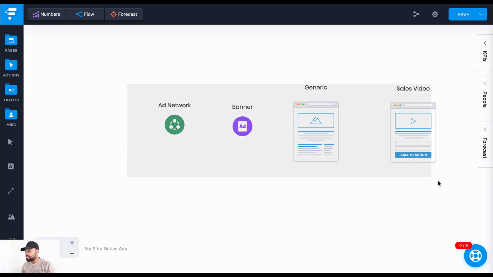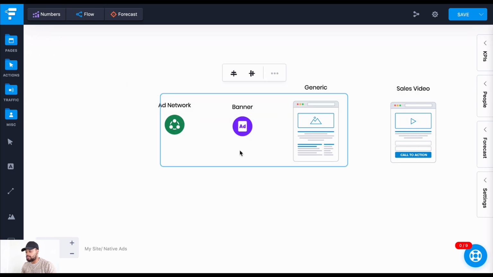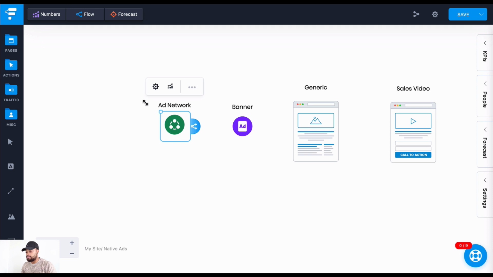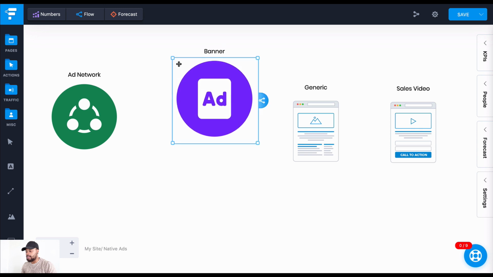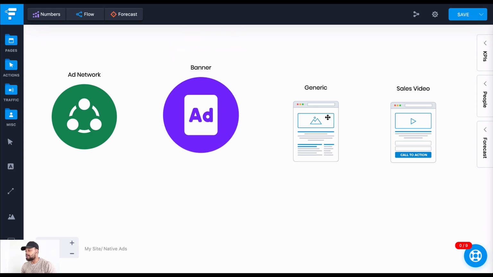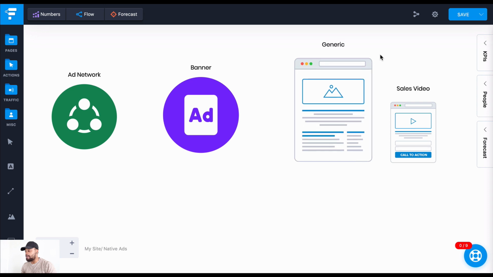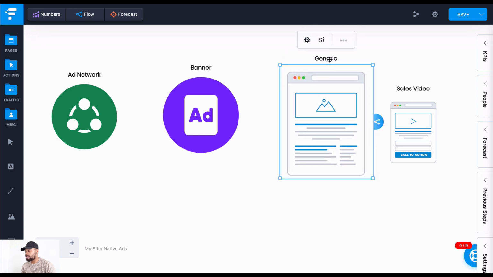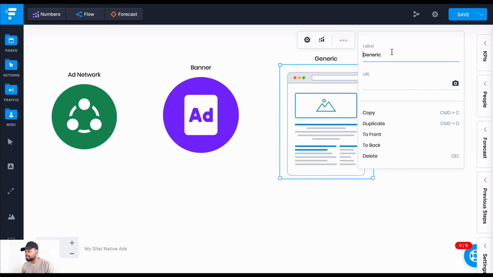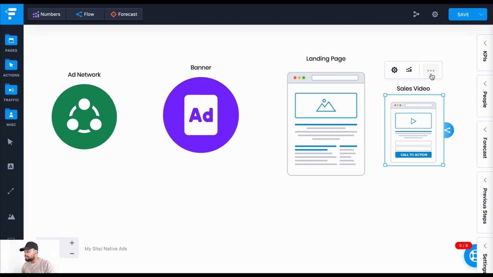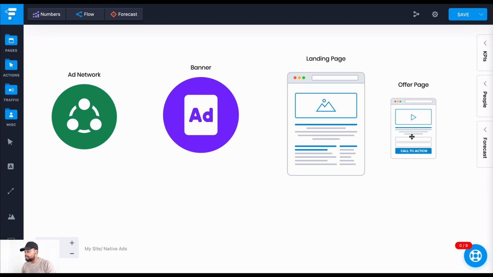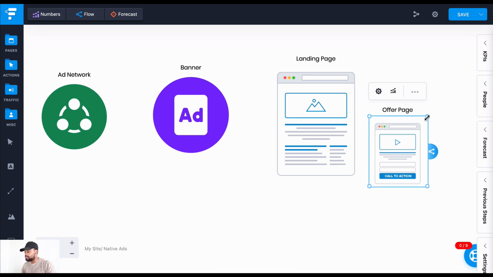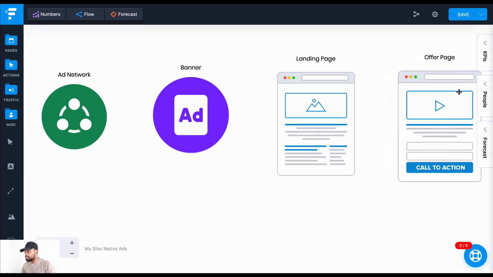Let me see if I can make this bigger as well. Yep, I can. All right, so we have our ad network, we have our ads, so these are like our banner ads, our native ads. Then we have our landing page, and then we can call this one offer page. All right, and let's try and make this one bigger. Sweet.